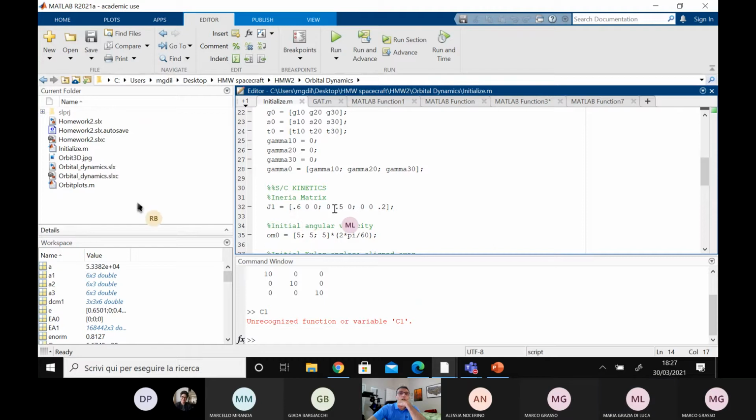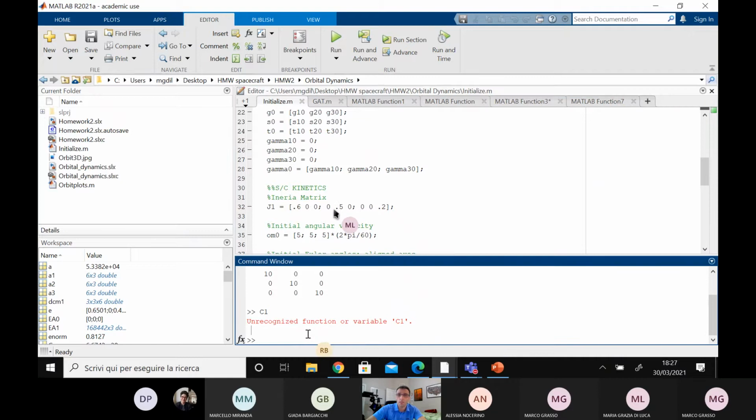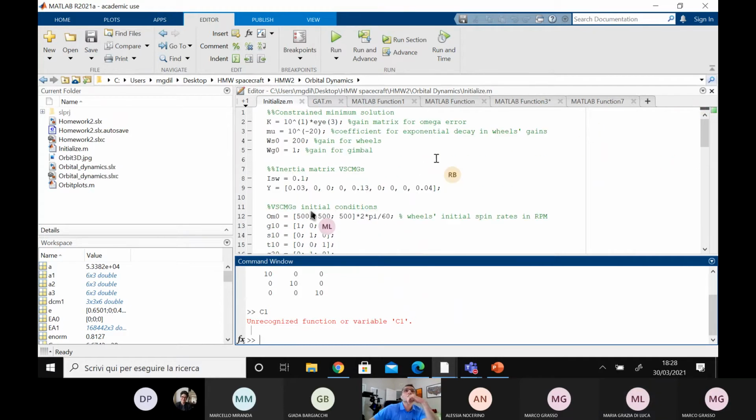So the one that I'm using for this homework, and I think the initialize I gave you has that line commented out, and it actually has... Oh, I still have control. This one. Of course, I cannot copy paste from my computer to yours. So, did you change this file?